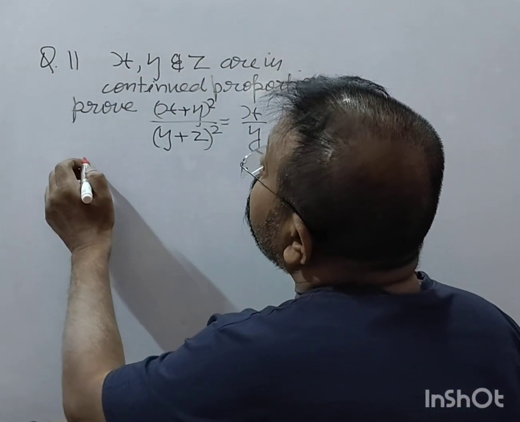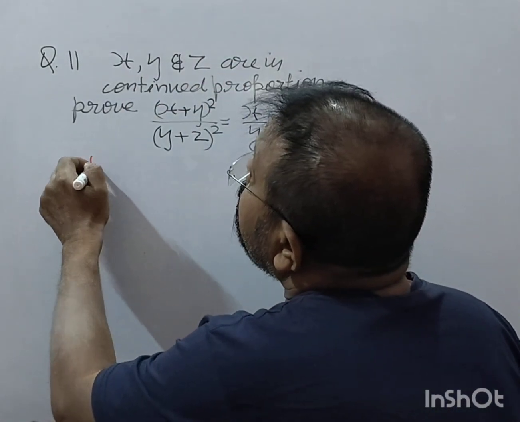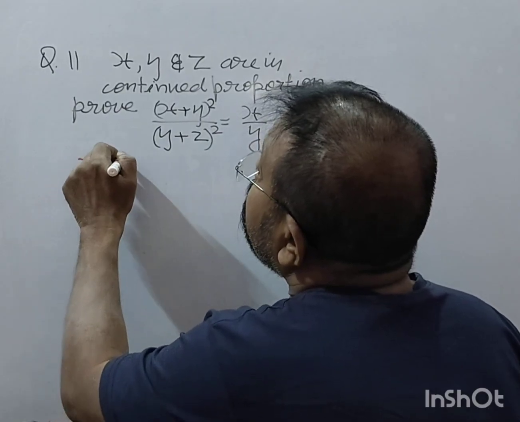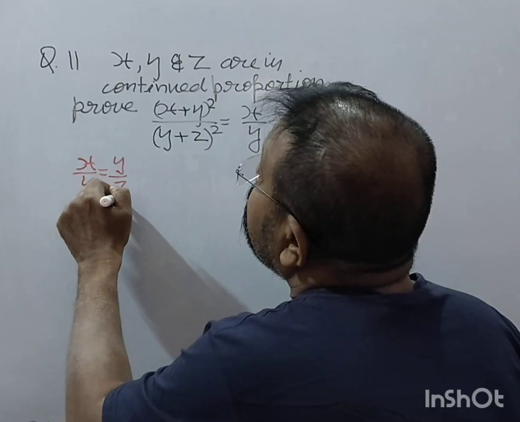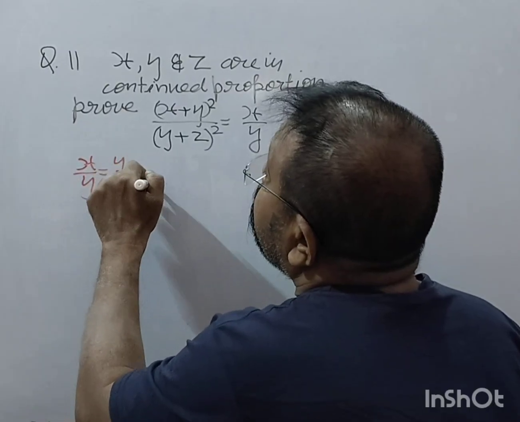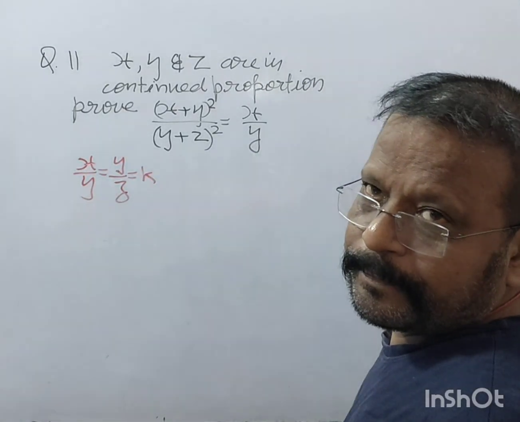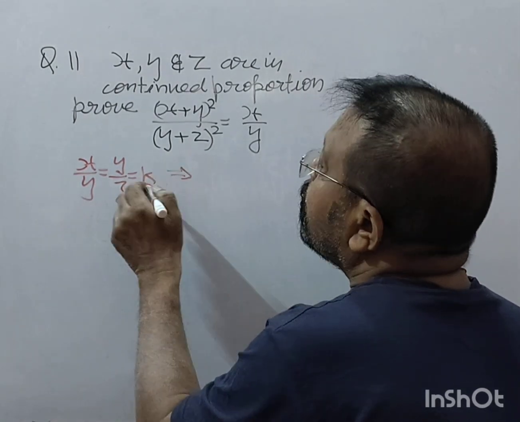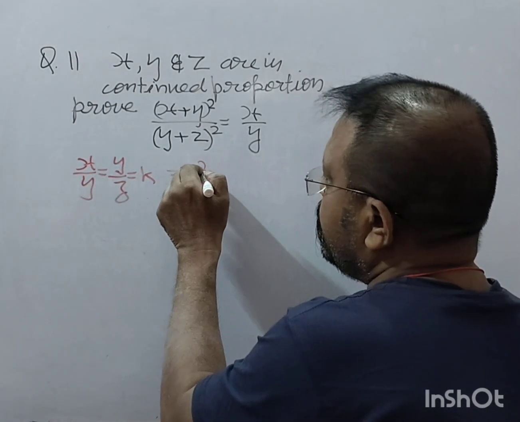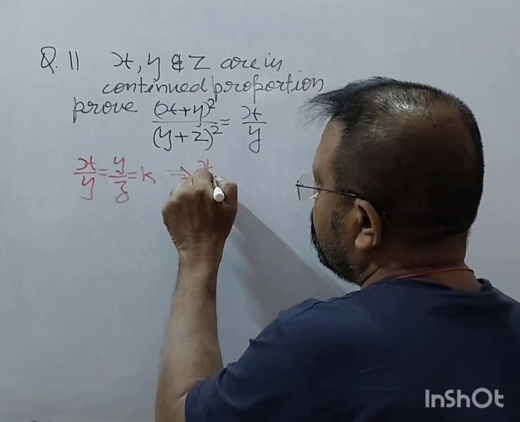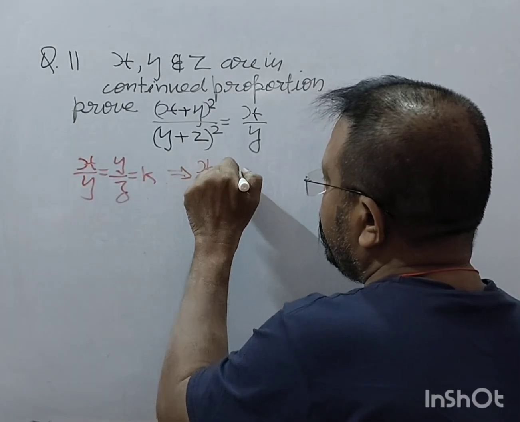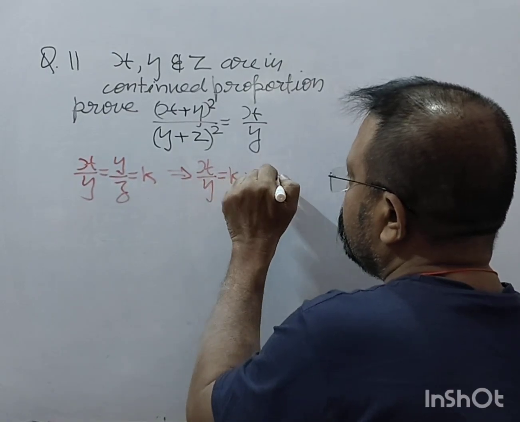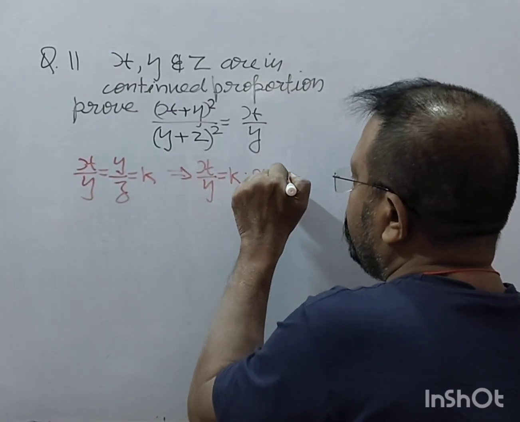They are in continued proportion, na? So if I write x upon y is equal to y upon z is equal to k, right? So what can you write here? We can write x upon y is equal to k, so x is equal to ky.